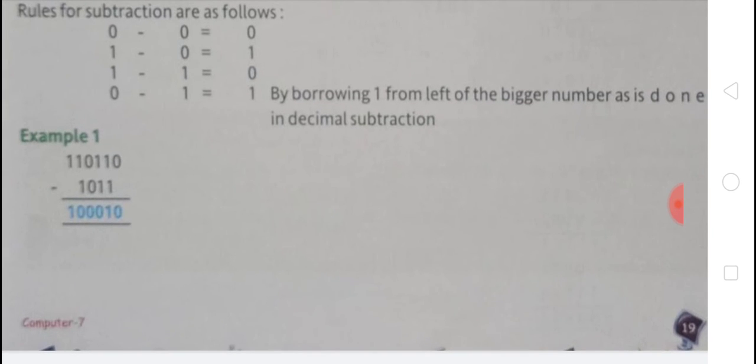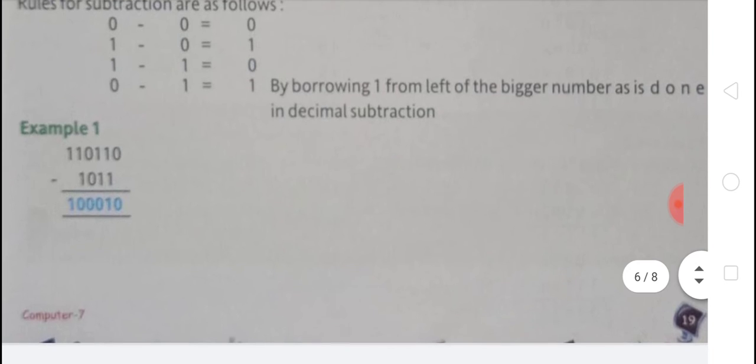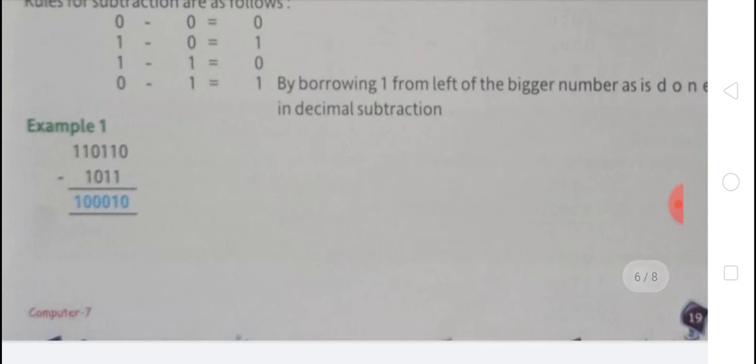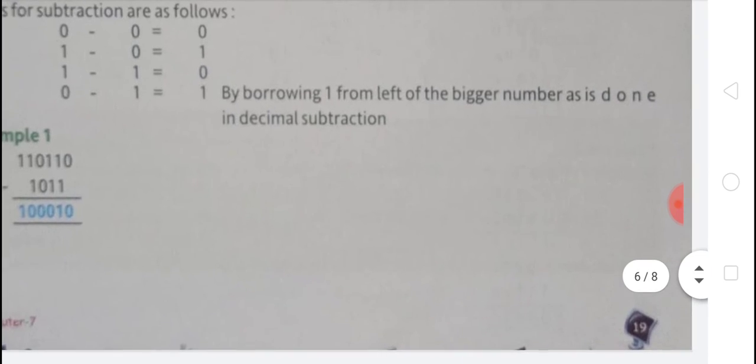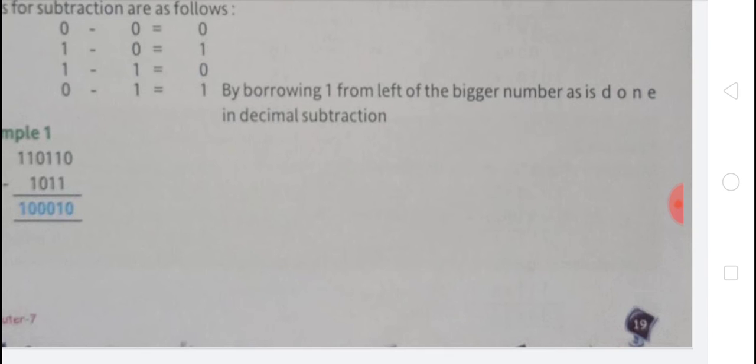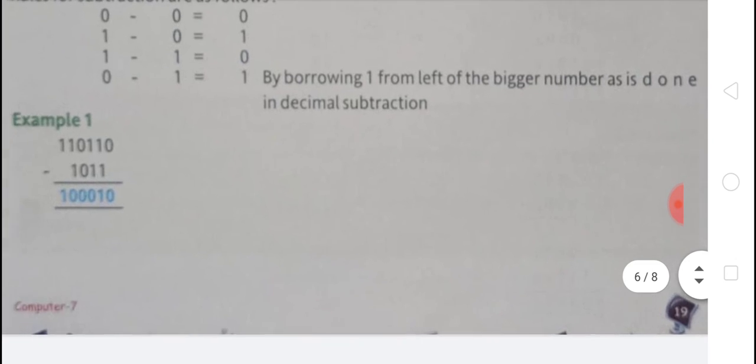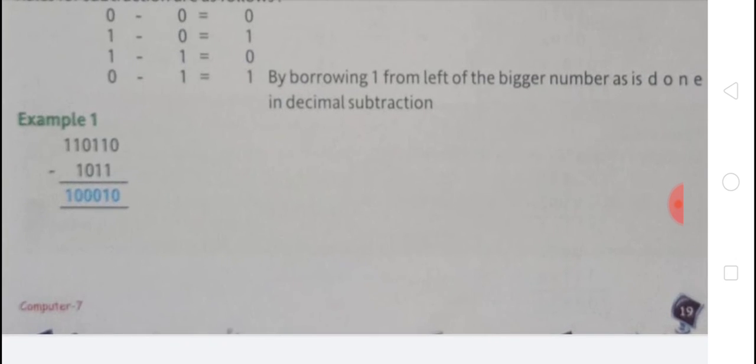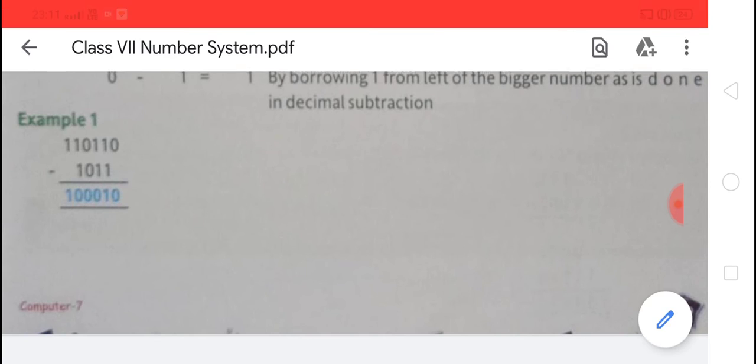Look here, written 110. So what is coming here? 0 minus 1. By borrowing 1 from the left of the bigger number, it is done. 0 minus 1, look, it will carry from the right side.